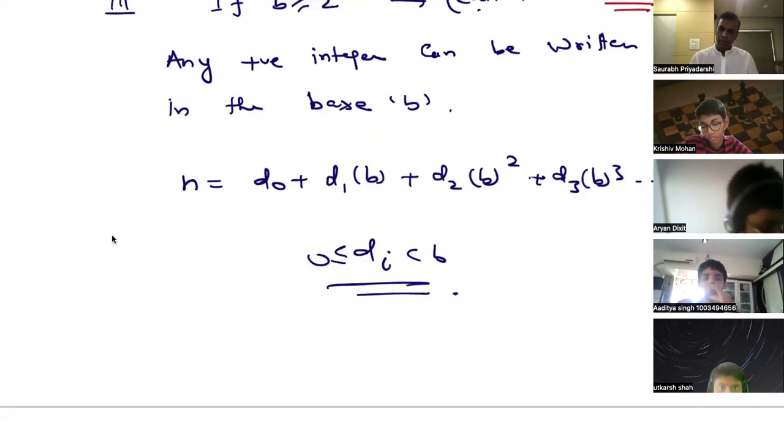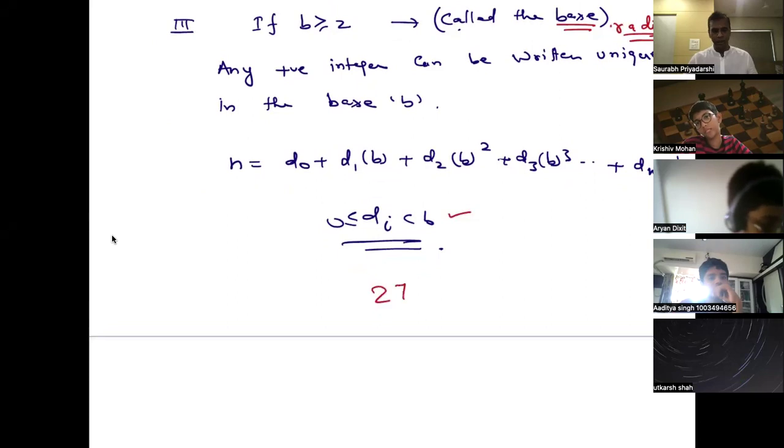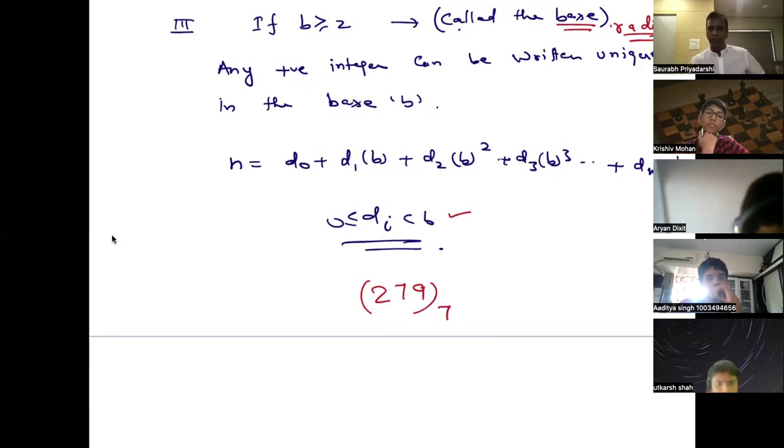What is the meaning of this? I'm saying, 279 in base 7. This is one of the numbers. Can I write something like this? This 7 is representing the base. So 100% we are not able to write this number. Why?